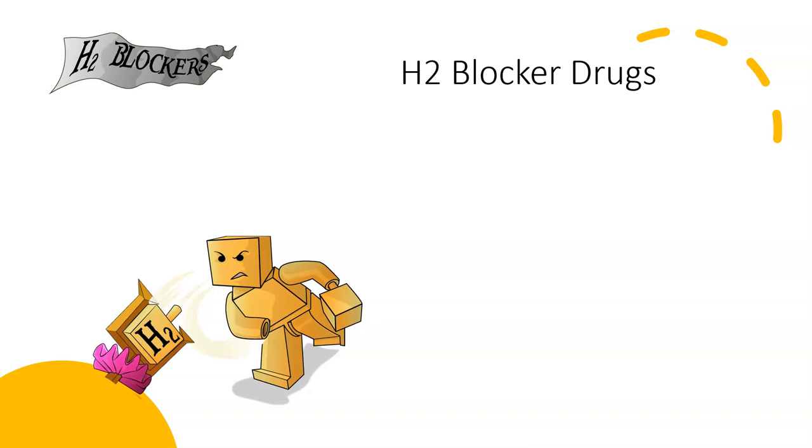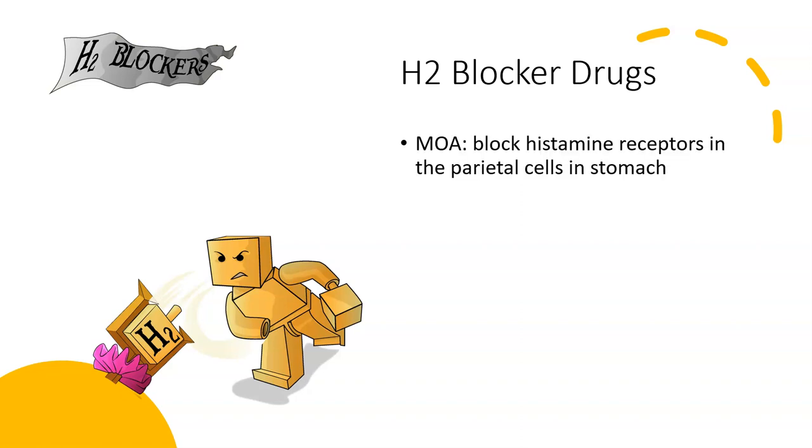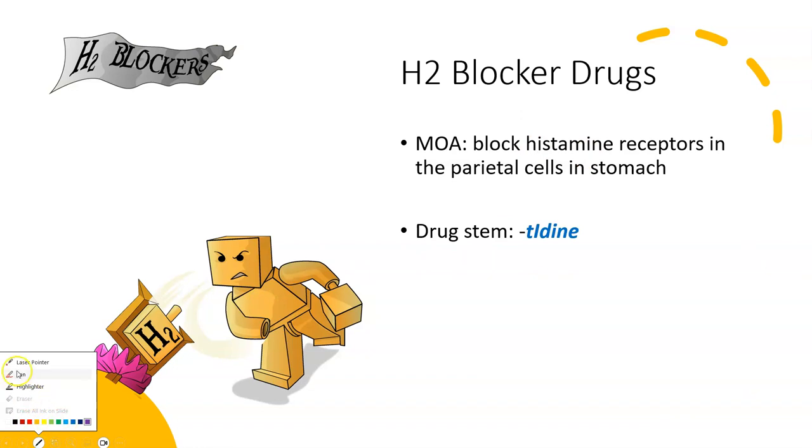Now, H2 blockers have a drug stem, and their drug stem is tidine, and I kind of stress that I part with the tidine. So that I is for the GI system.